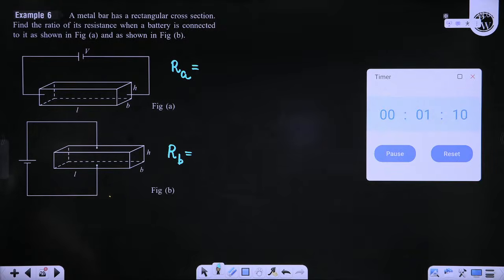What is the resistance of this cuboid in the first case and the second case? Anyone with the answer?